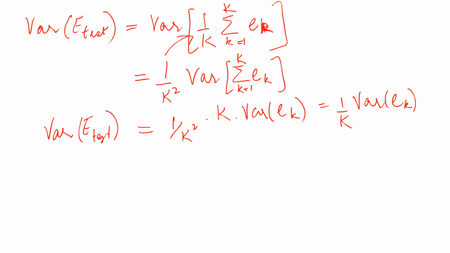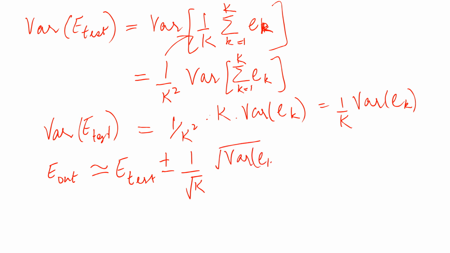So we can come up with a heuristic statement, because we are after E out. We can say that E out is almost equal to E test, but now we have this variance, so we can say with plus minus 1 over the square root of K, times the square root of this variance of E k for any point k. Okay, so this is all good.